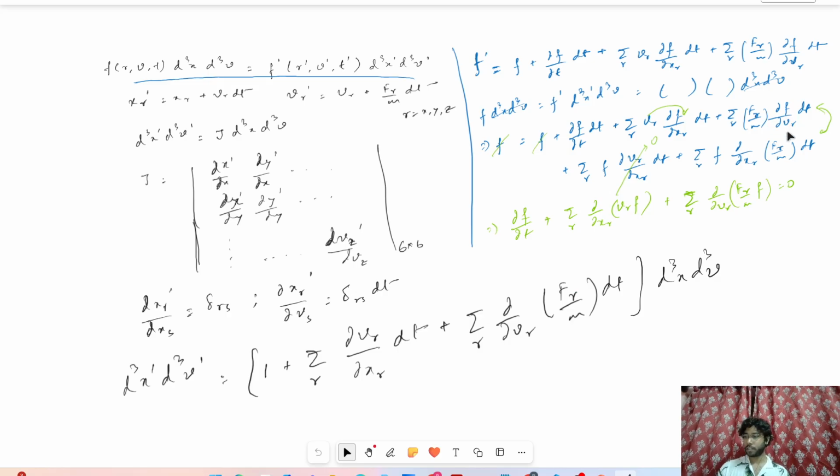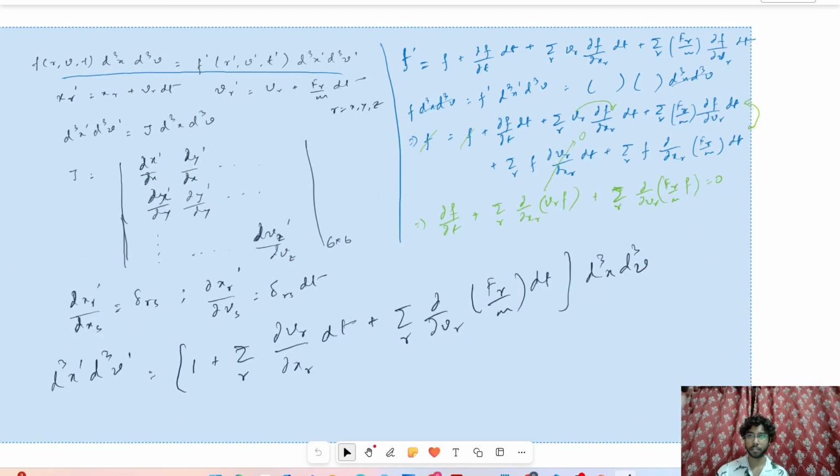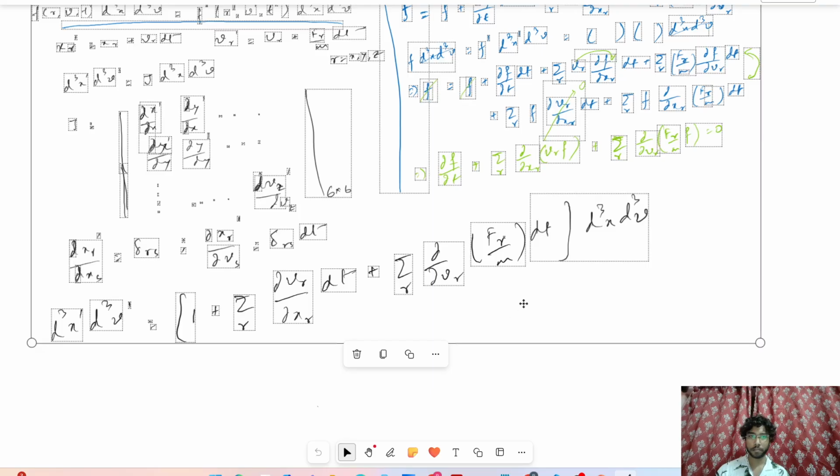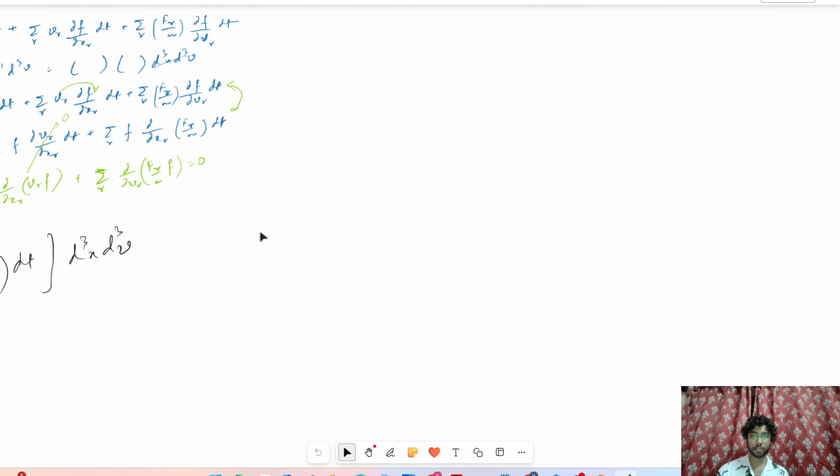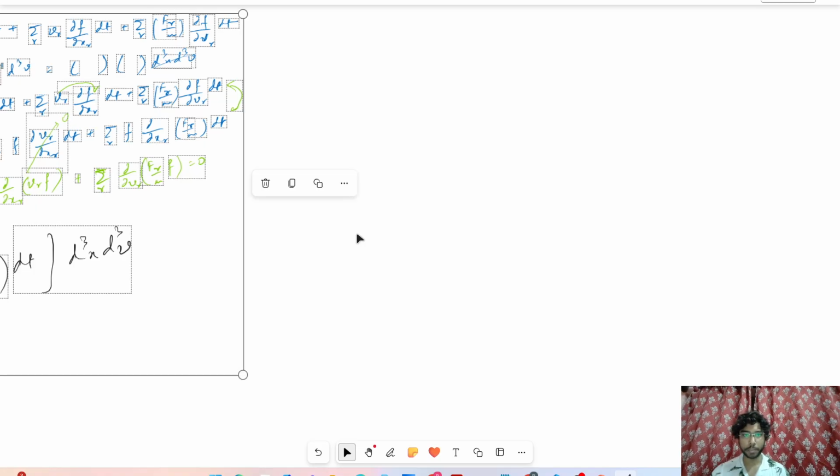So this is the Boltzmann equation that we get. Any questions? Does it make sense?